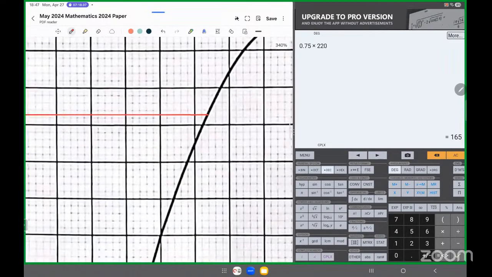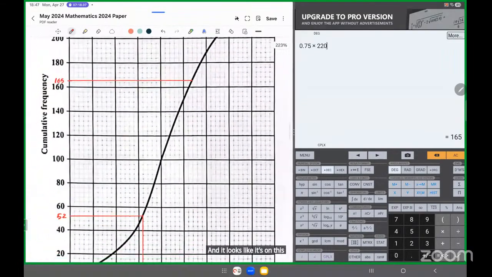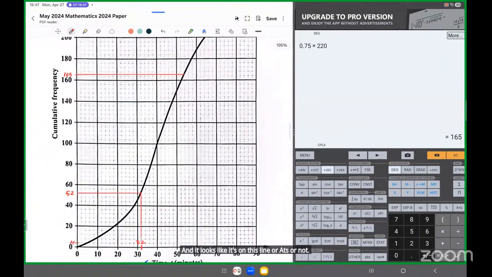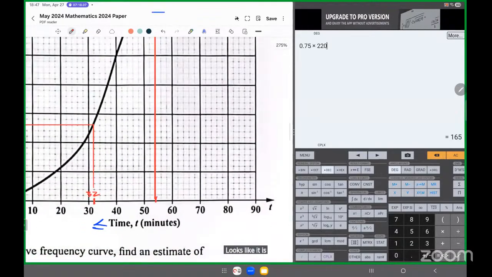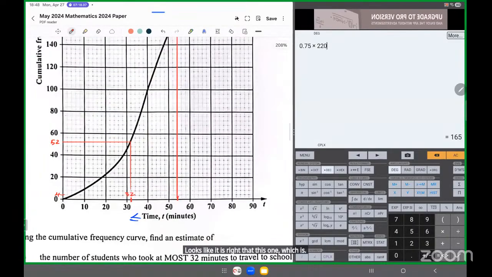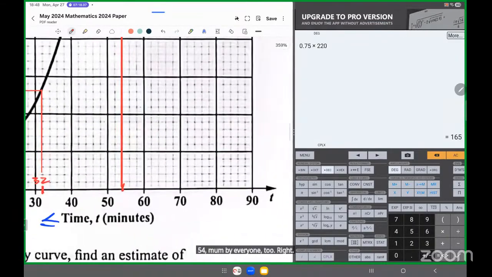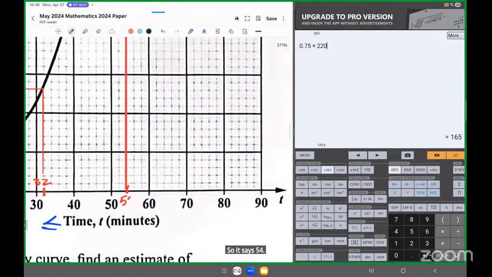And it looks like it is right at this mark, which is 54. Remember, every mark is 2, right? So it says 54. And that is our Q3.